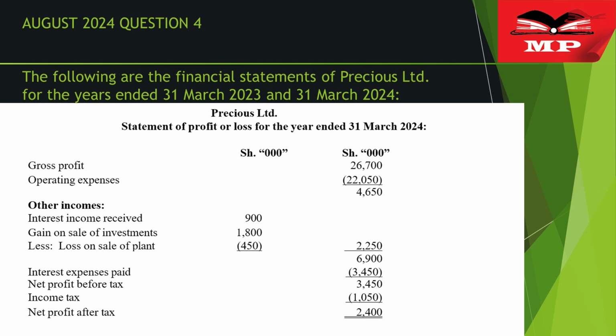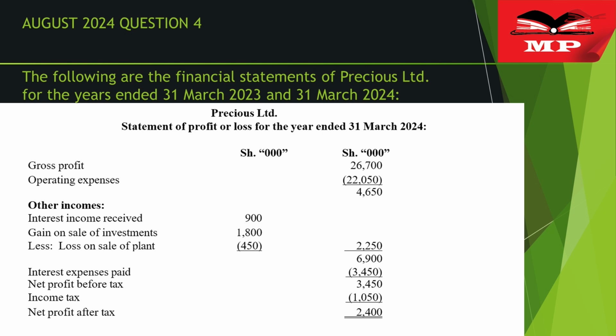Before profit before tax, the statement has the gross profit, then we have the operating expenses. Listen to the language: operating expenses.